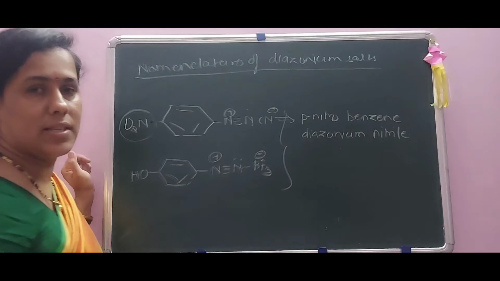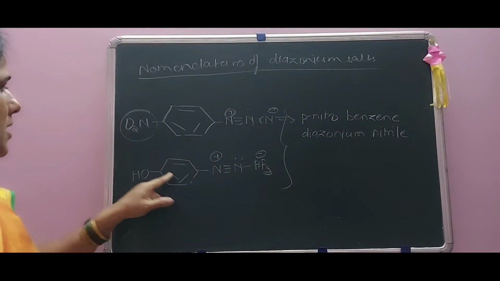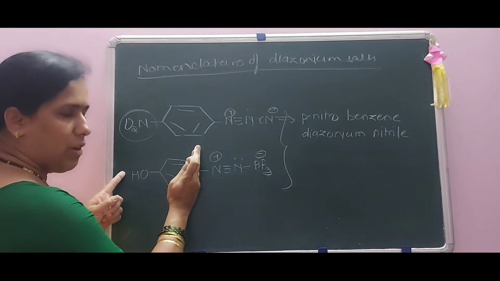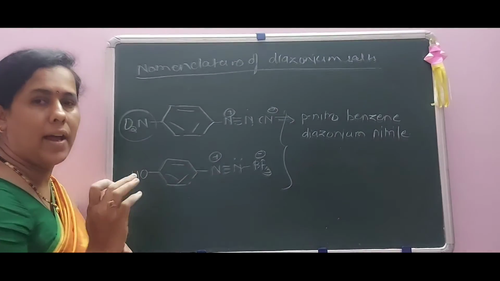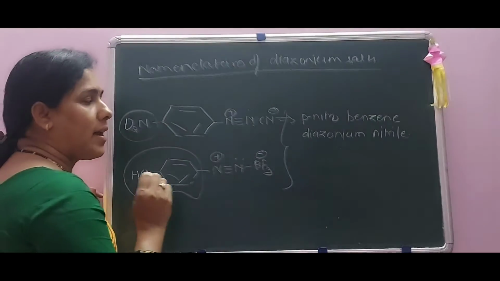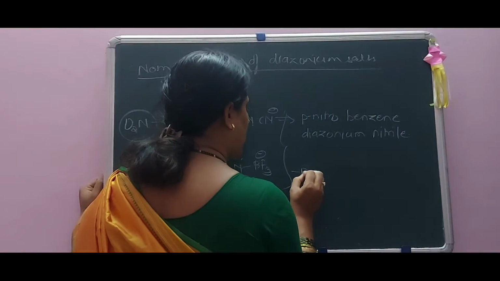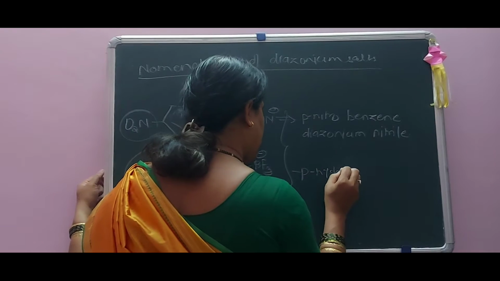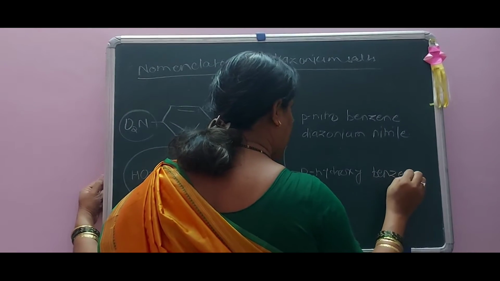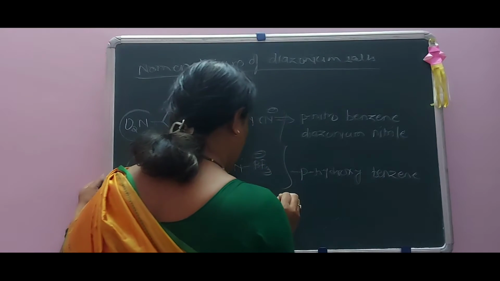Now again, here you can consider this as a phenol, or also as a para hydroxy. The better way is to consider it as para hydroxy. Therefore para hydroxy benzene diazonium.